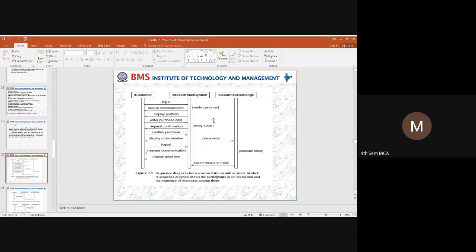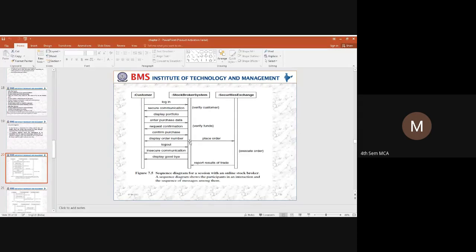Once he enters the purchase data, it will display the estimated amount. After displaying that, the system will verify whether the customer has sufficient funds to purchase all the stock. Once the customer gives a confirmation for purchasing, the stock brokerage system will display the order number to the customer.